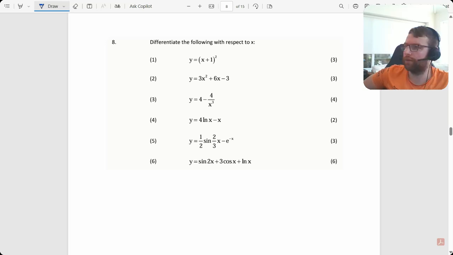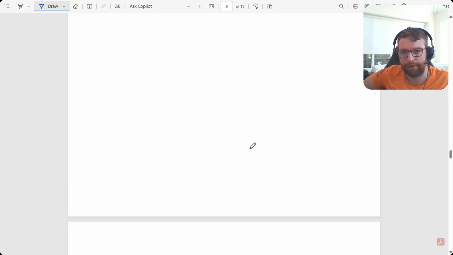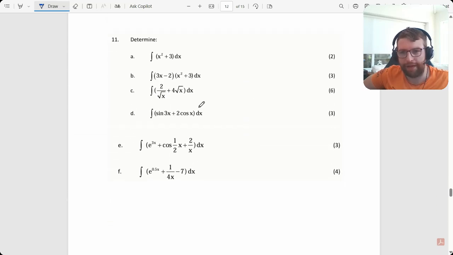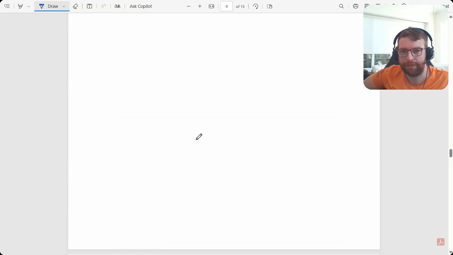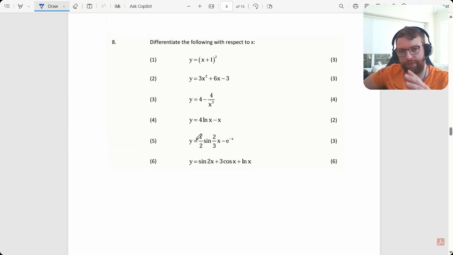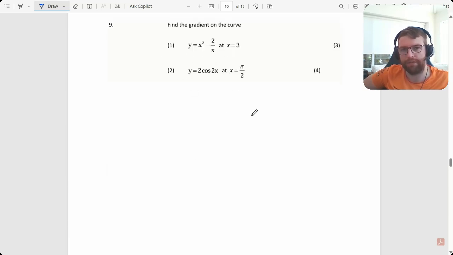However, the differentiation and integration is quite extensive, and so what I'm going to say is question 8 and question 11 are all skill based. So I would focus on 8 and 11 in terms of differentiation and integration before you focus on the rest, because this is application based.